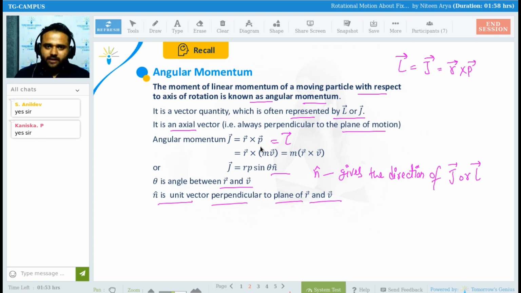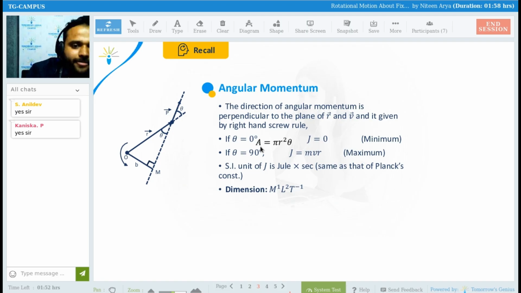Basically, the direction of L is perpendicular to both r and v, and that we get from the vector product.